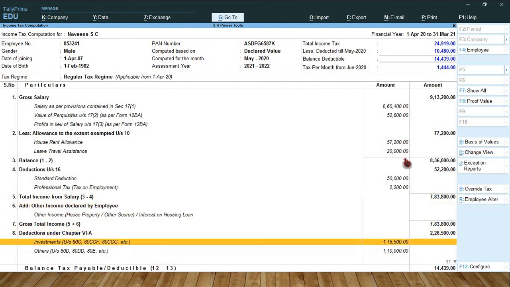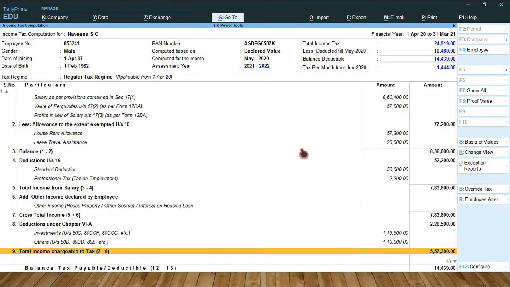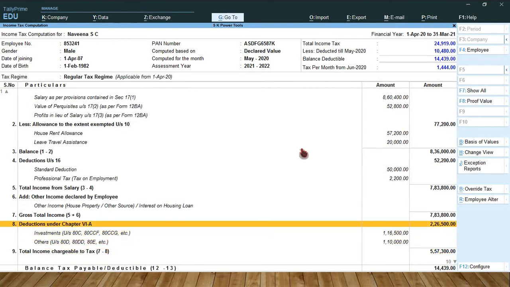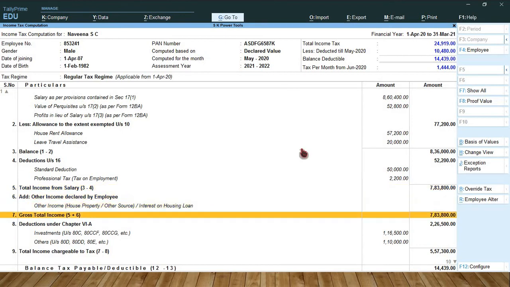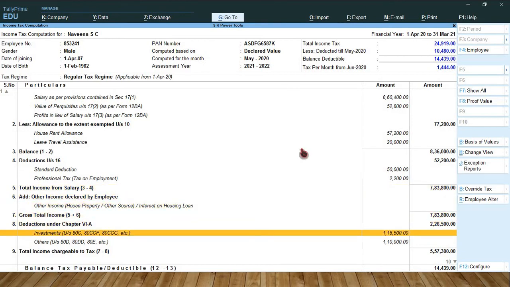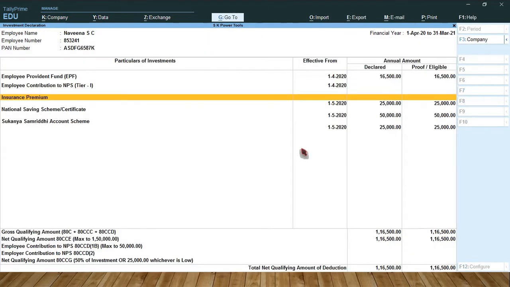This is the total investment under section 80C, 80CCF, 80CCG, etc. So total 1,16,500. So these are the exemptions.